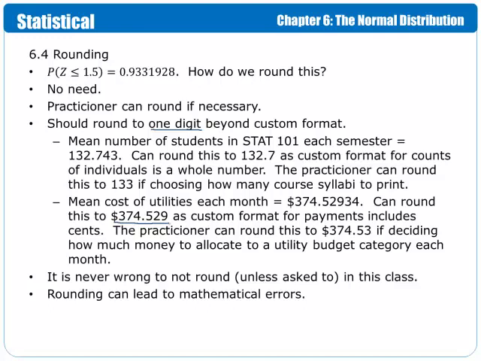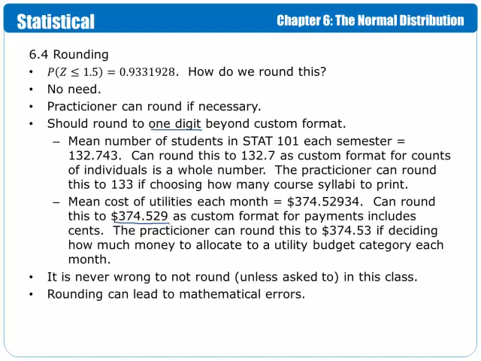And if somebody who is actually applying this needs to round it to an exact penny, then you could, and it's not even going to be an exact penny, it would be an approximate, because exact has those extra decimal places, but the practitioner could round it to 374.53 if necessary. So it's never wrong to not round, to just leave it as is, unless you're specifically asked to round, then you would round.